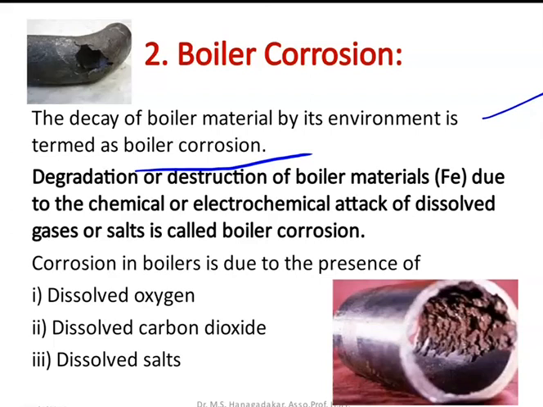In a descriptive way, how can we define boiler corrosion? It is the degradation or destruction of boiler material, I mean to say made up of iron. I repeat once again: it is the degradation or destruction of a boiler material due to chemical or electrochemical attack of dissolved gases or salts in water.